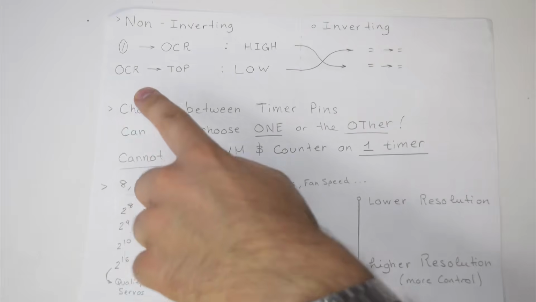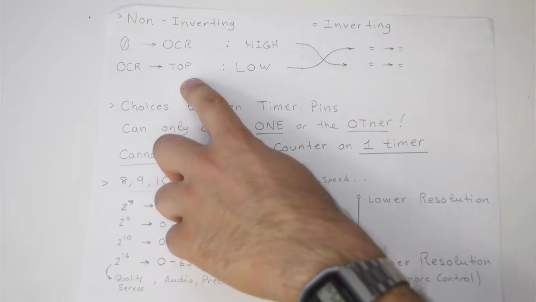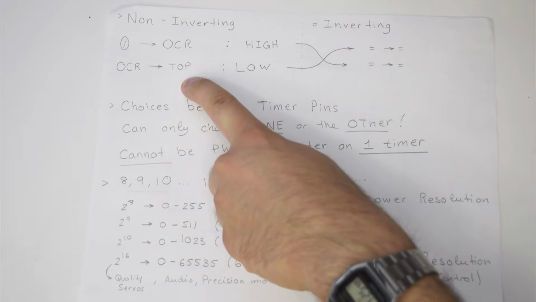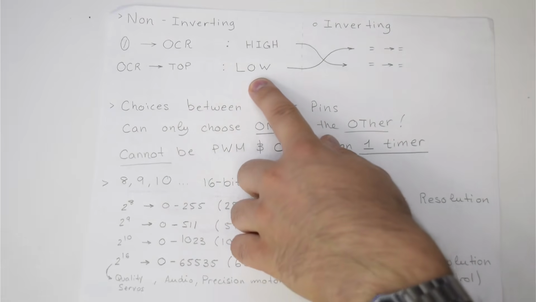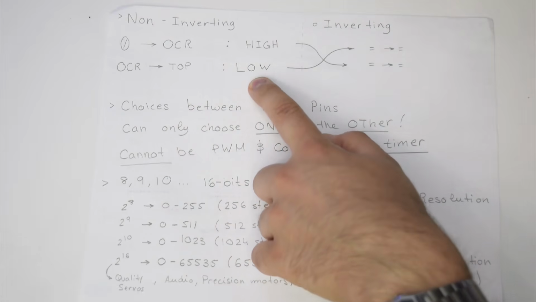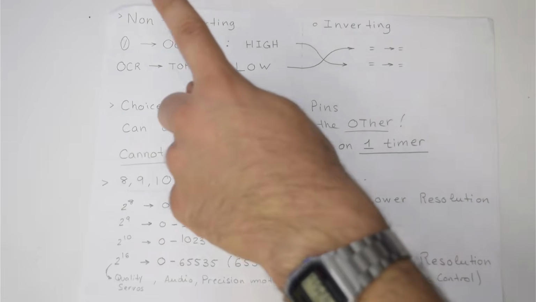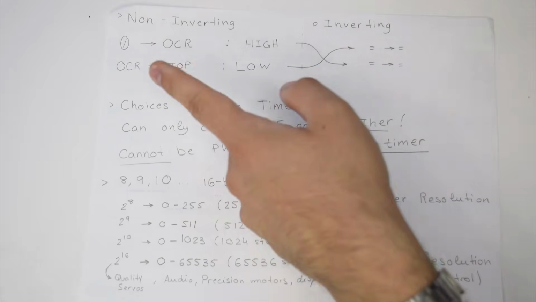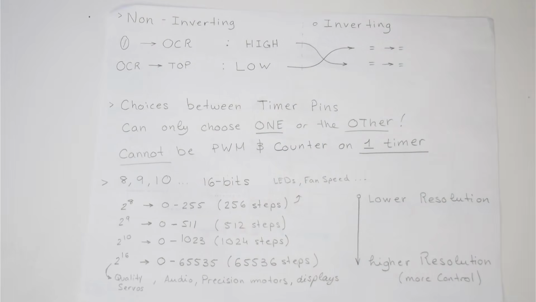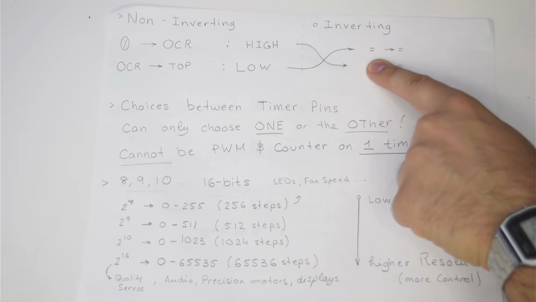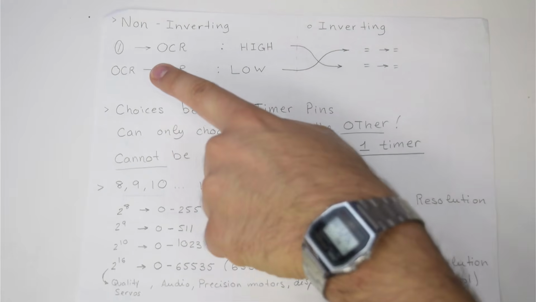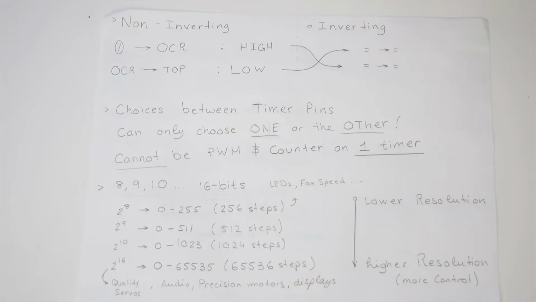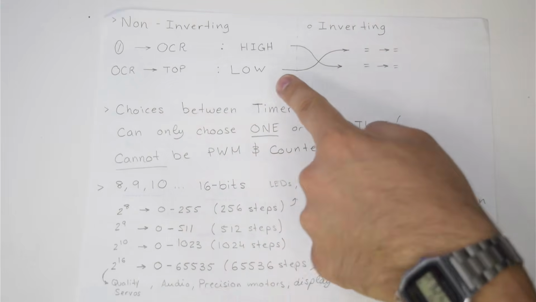And from the flag all the way to 255, also known as top, it's going to be low, so 0 volts. This is a very common setting that we turn on in order to enable fast PWM, and we turn it on by modifying the waveform generation mode registers. Inverting mode is simply the opposite: from 0 to OCR it's low, and from OCR to top it's high.